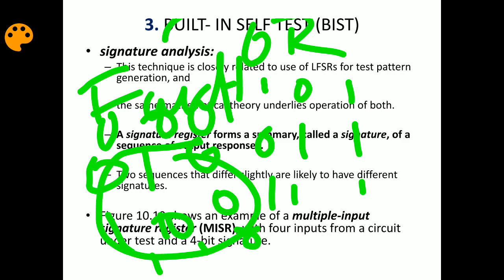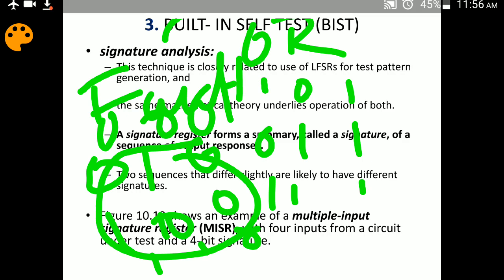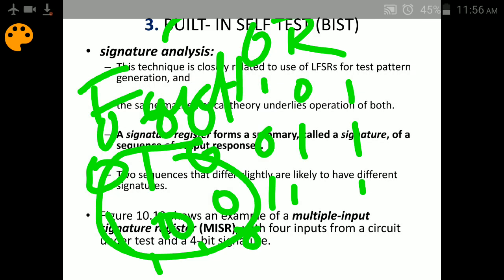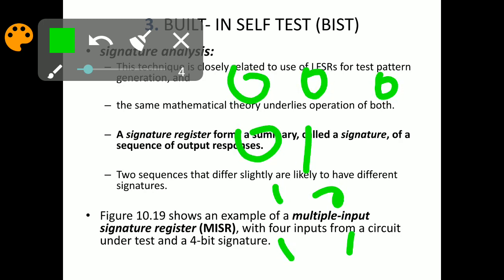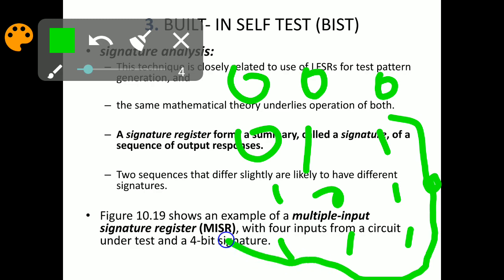These wrong outputs will be recorded and stored in the signature registers. How do the signature registers work? Again take the OR gate, 0 1 1 1. The signature analysis is performed only for these combinations.